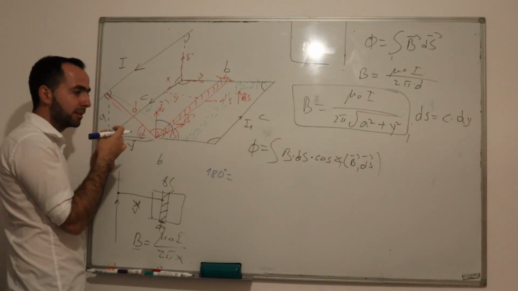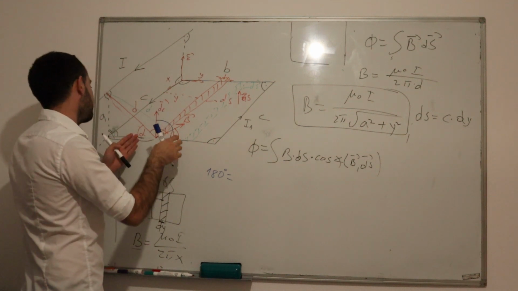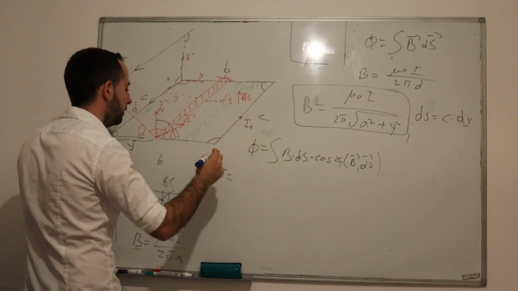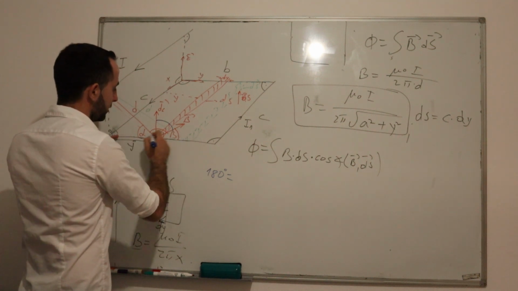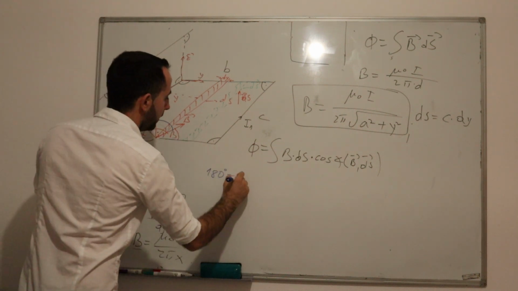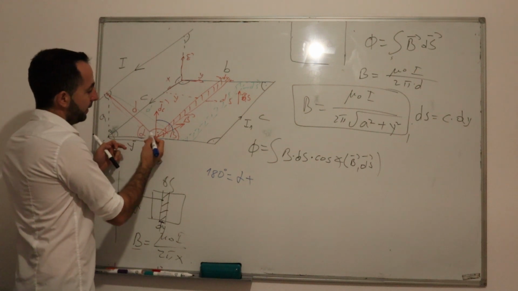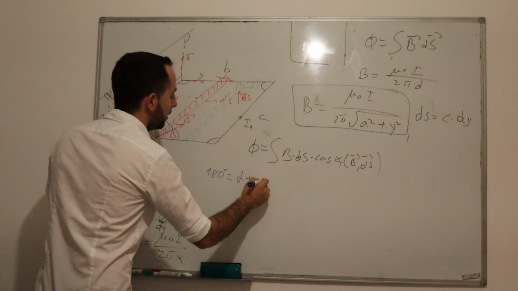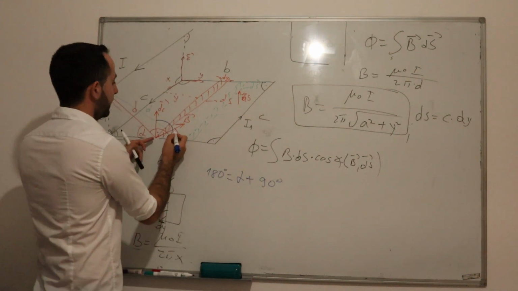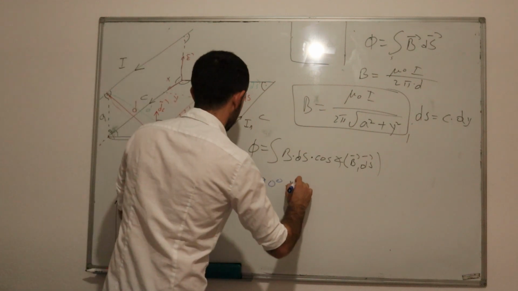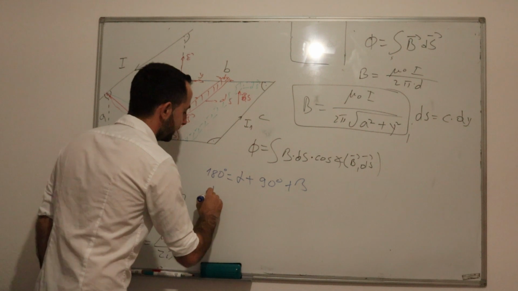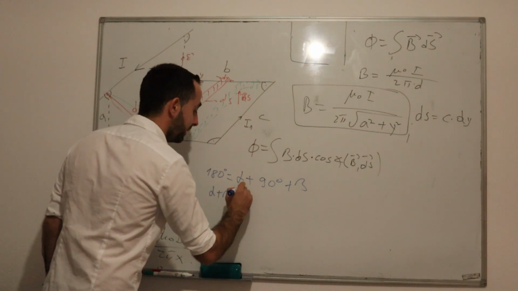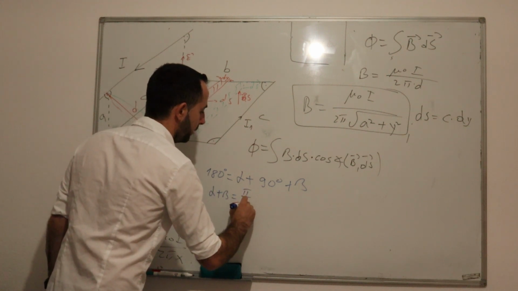It is very important to write this angle as a function of alpha. So 180 degrees is alpha plus this 90 degrees plus beta. So from here we can see that alpha plus beta is 90 degrees, or pi/2.